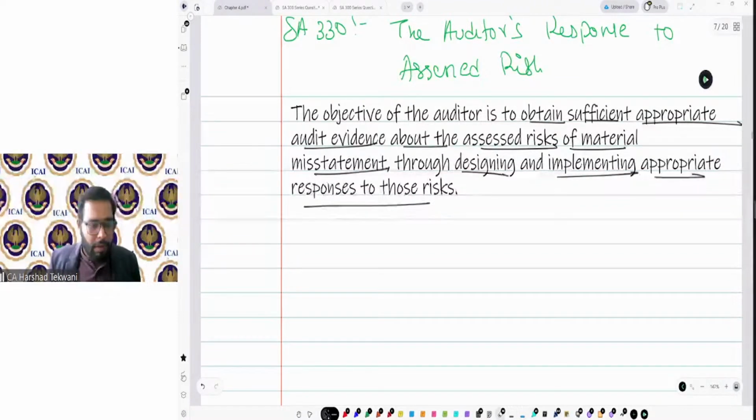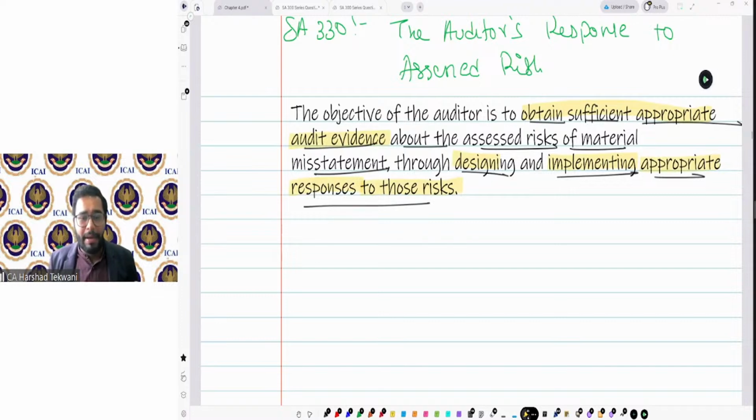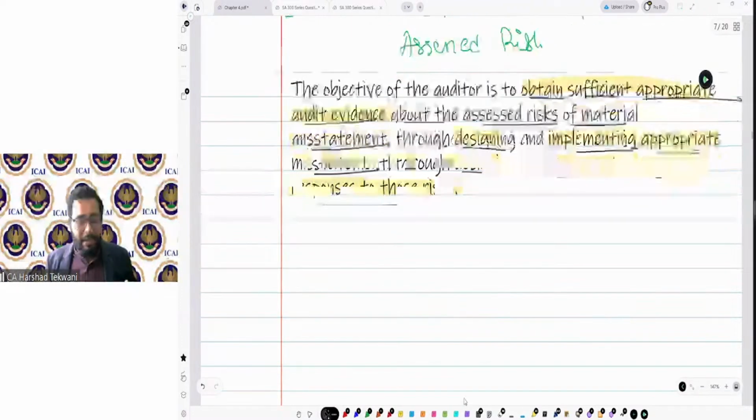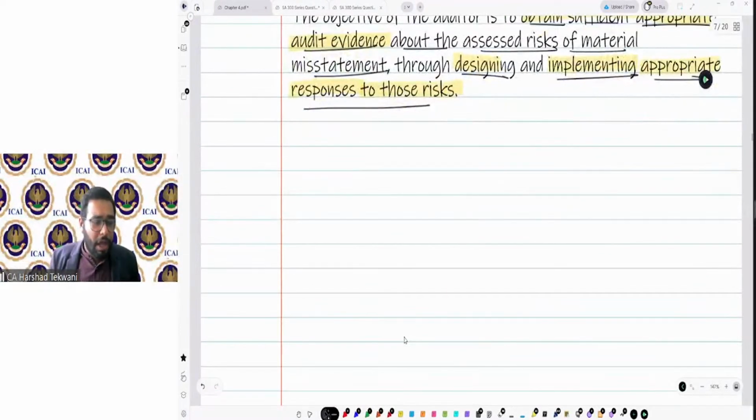If my objective here is to obtain sufficient and appropriate audit evidence by designing and implementing an appropriate response to those risks, then I need to understand how to design and implement. We have already designed it, but let's understand in terms of the standard how audit procedures responsive to the assessed risk of material misstatement at the assertion level can be designed.